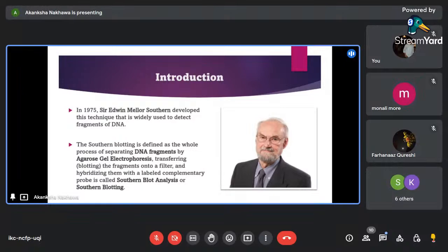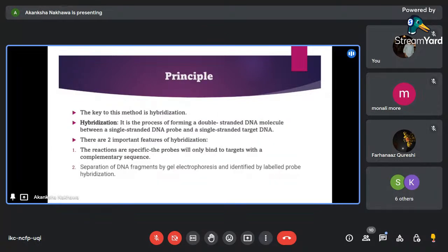So basically, Southern blot is the molecular biological technique used for the detection of a specific DNA sequence in genomic DNA. Here is the principle. The key to this method is hybridization. Hybridization is the process of forming a double-stranded DNA molecule between a single-stranded DNA probe and a single-stranded target sequence.